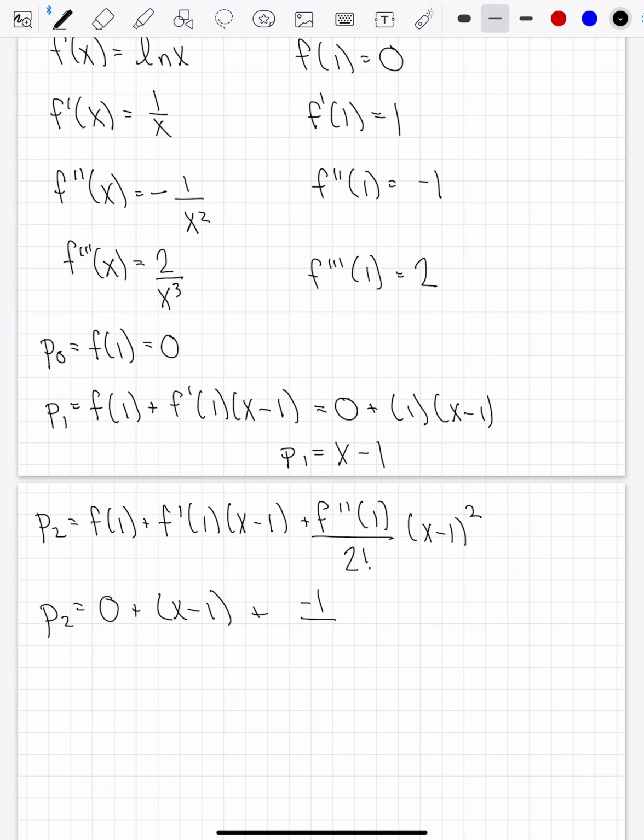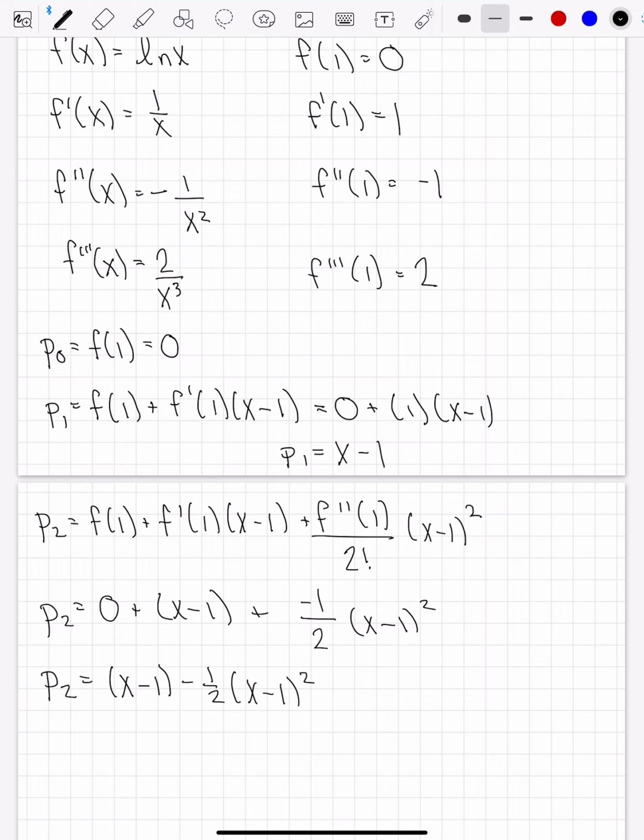And 2 factorial is 1 times 2, which is 2, times x minus 1 squared. So P2 is x minus 1 minus 1/2 x minus 1 squared.